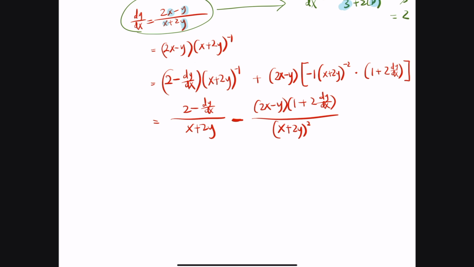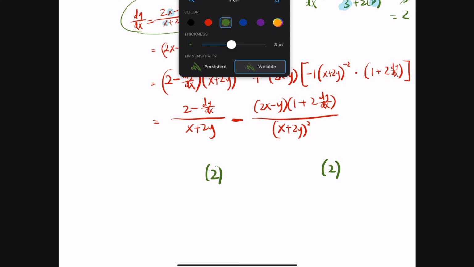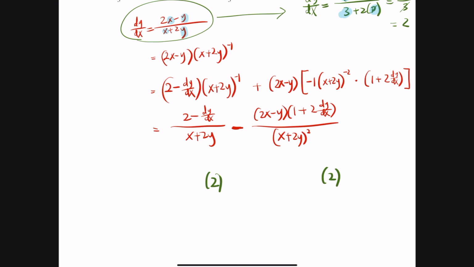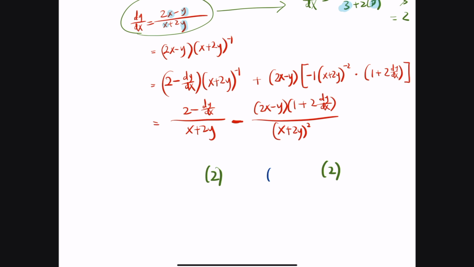So let's plug everything in. dy/dx is a 2, and x is equal to 3, y is 0.